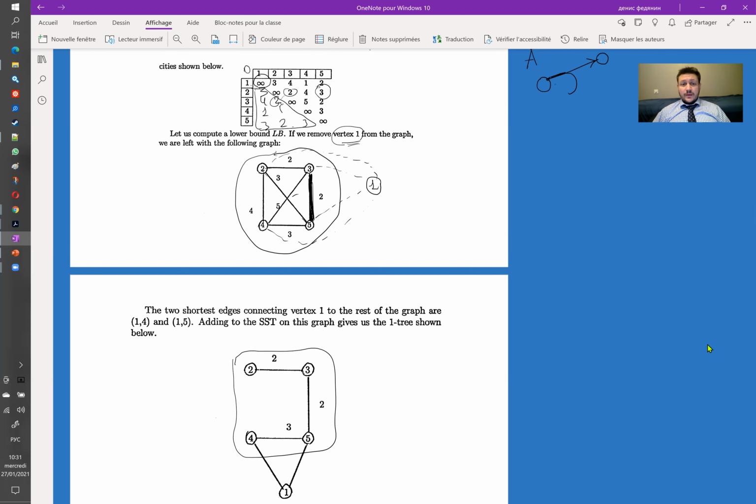We should try to add another shortest one, this one, if there is no cycle. Okay, no cycle, it's okay. And we have to add another edge. Which one? 4, 5, 3, 3. This one or this one? From 2 to 3 is not allowed because we will have a cycle here. So the only allowed one is this one.